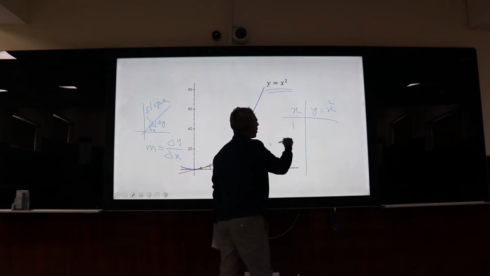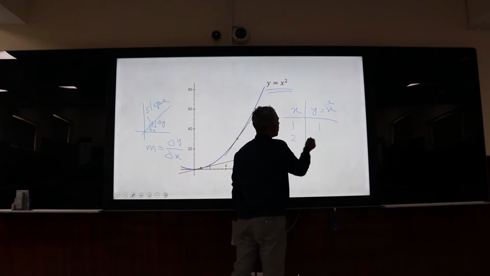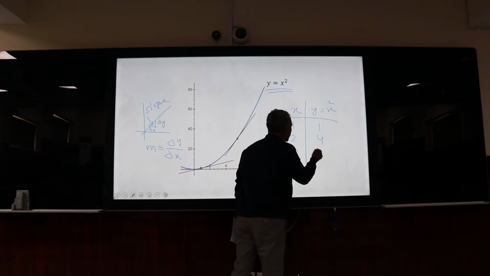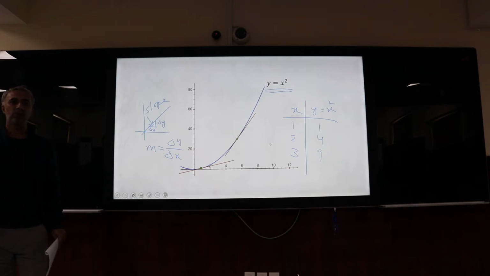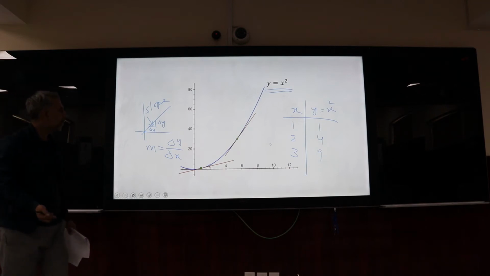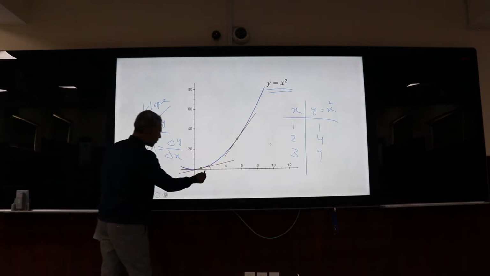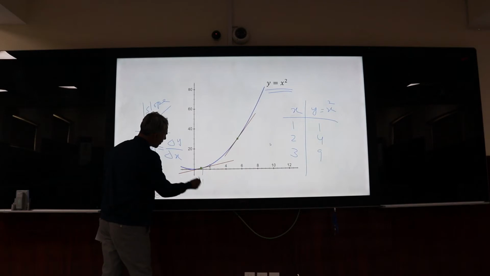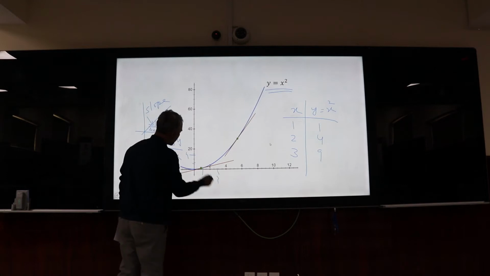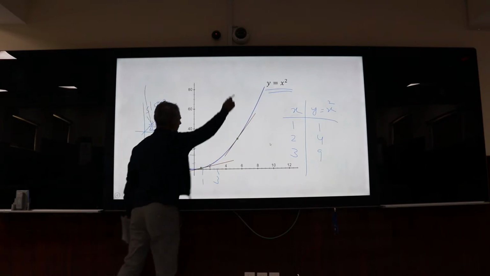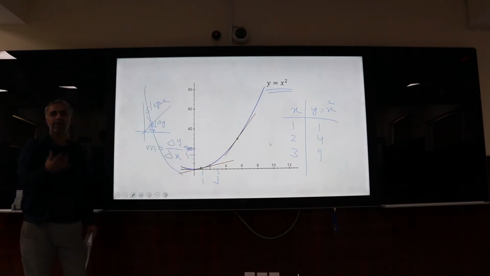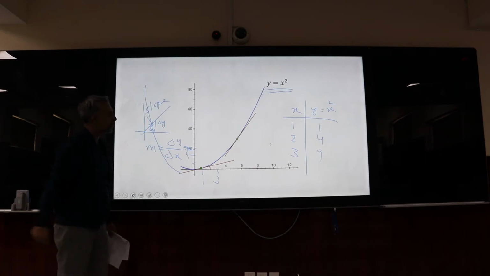For one value of x you get one, for two you get four, for three you get nine. So you get some kind of parabola here, some kind of whiskey glass shape.